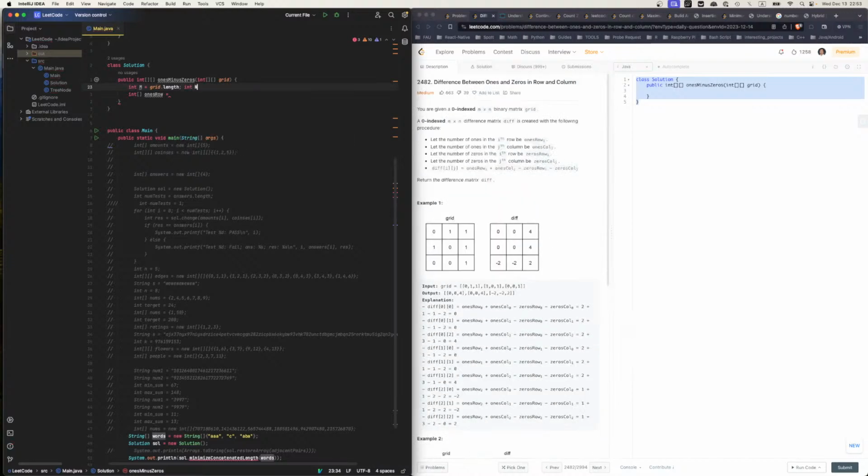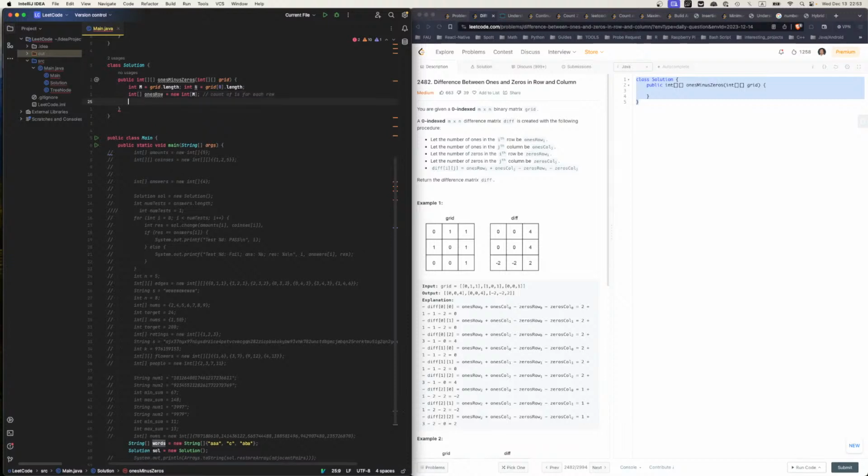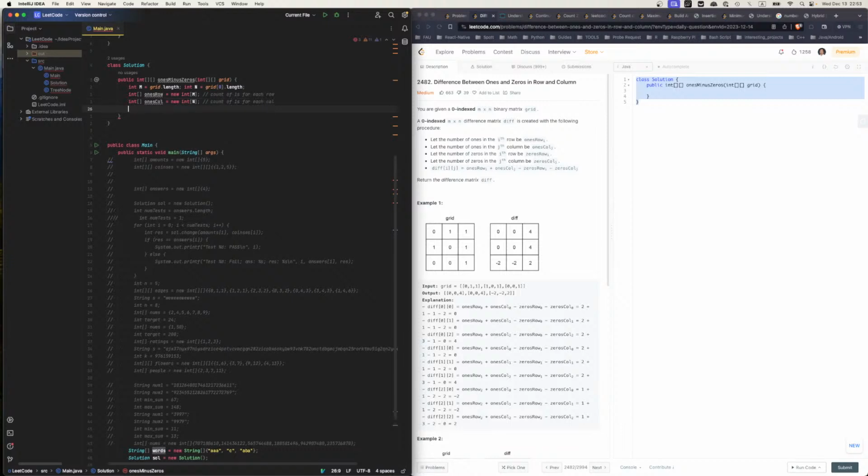That's fine. n is grid[0].length. Okay, onesRow is new int[m], the count of ones for each row. And we do the same for onesCol, new int[n], the count of ones for each column.